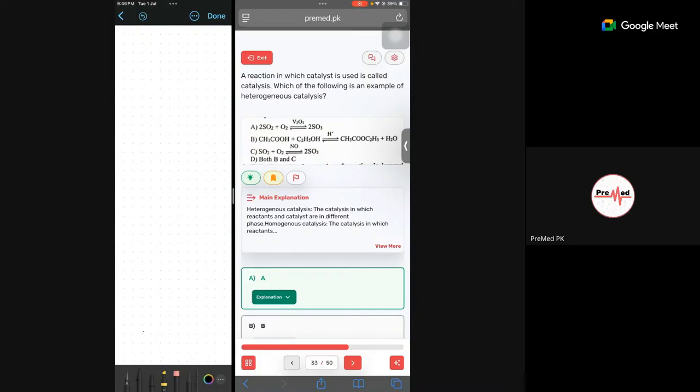If we see option A, 2SO2 + O2 gives 2SO3, all gases, and V2O5 is in the solid state. In the option with CH3COOH, C2H5OH, CH3COOC2H5 and water, all of this, including the H+ ions, is in the aqueous state, so it is homogeneous catalysis. Talking about SO2, O2, NO and SO3, they are all in the gaseous state, so they are also homogeneous. So the correct option is going to be option A. Why? Because SO2, O2 and SO3 are gases and V2O5 is solid.